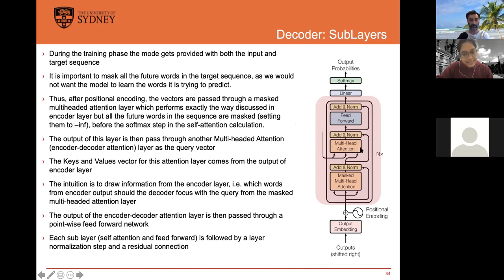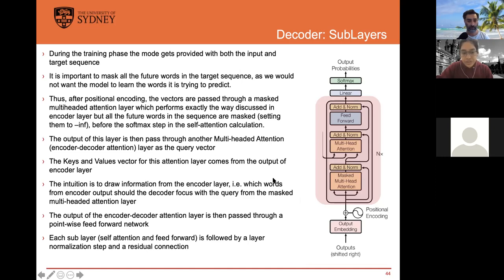The operation is the same. We know that for multi-head attention, we need three inputs: queries, keys, and value matrices. So we take the query vector from the output of the masked multi-headed attention, and we take the keys and values from the encoder output.